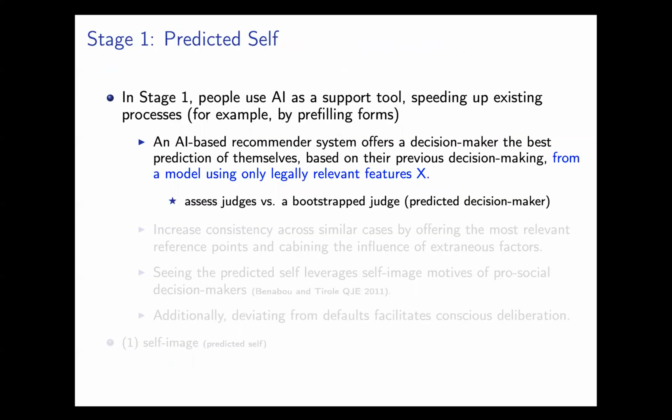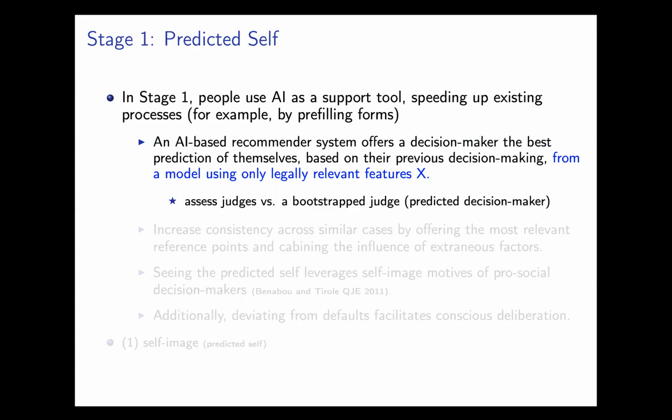So stage one, we can imagine the AI as helping pre-fill forms, offering the decision maker the best predictions of themselves using a model that only contains the legally relevant features. So we can assess the judge versus this bootstrapped judge.